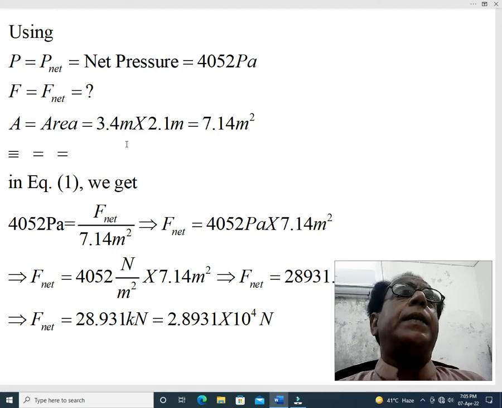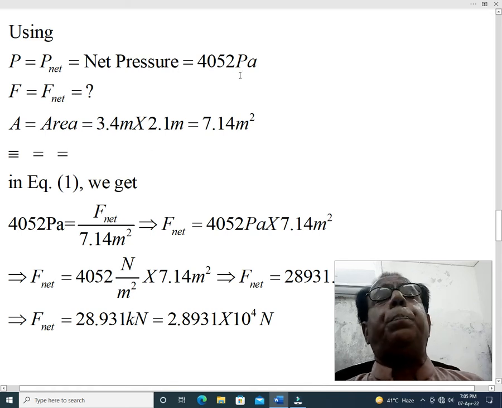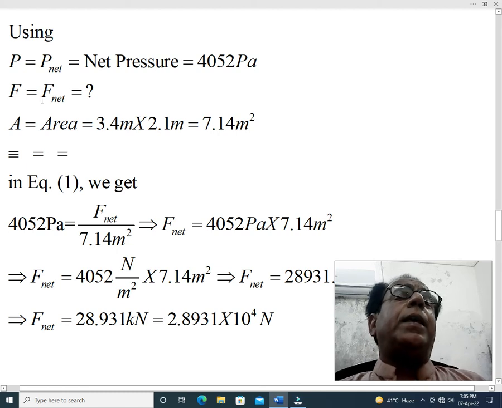Using P equal to P net, where net is written as a subscript of P, net pressure is equal to 4052 Pascal, and F equal to F net equal to question mark, that is force or net force is yet to be determined.